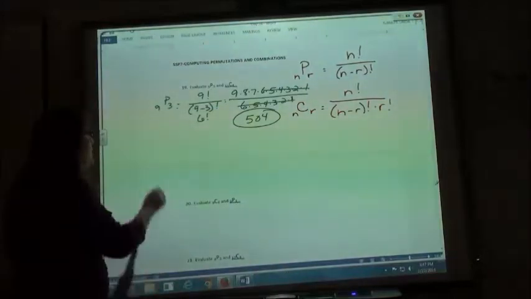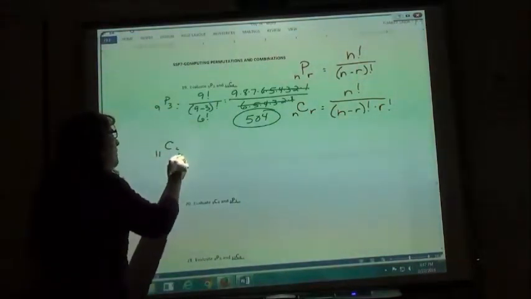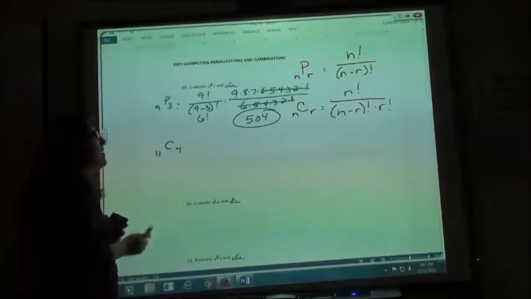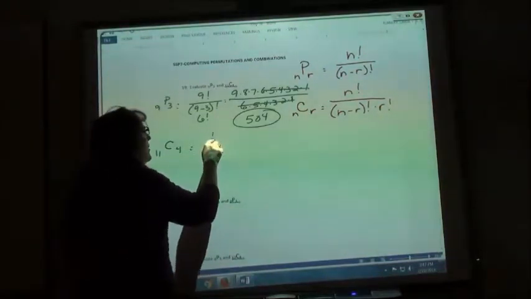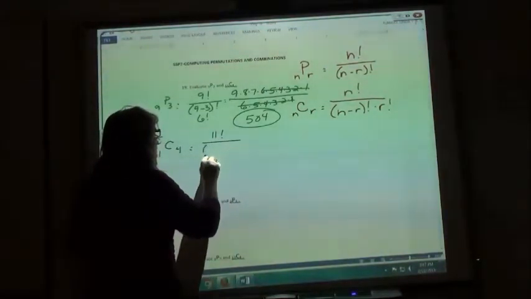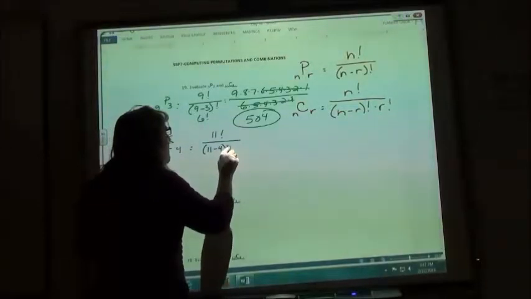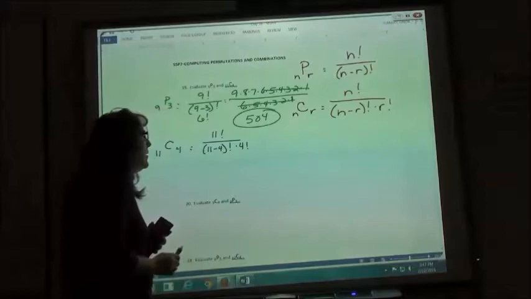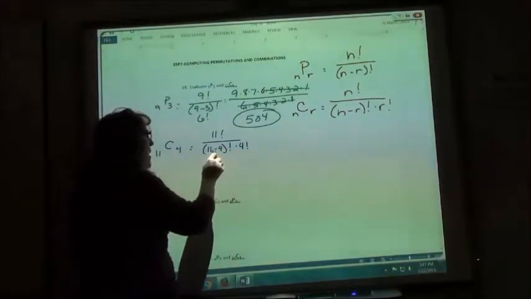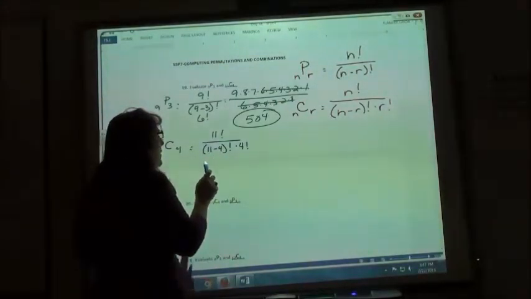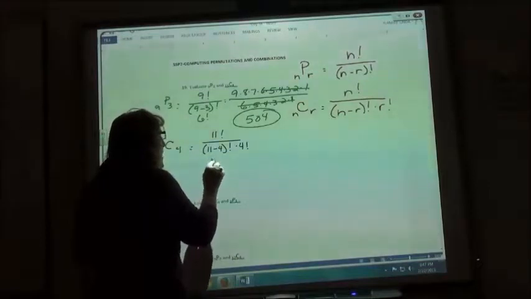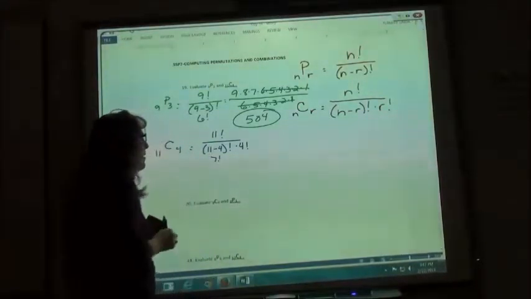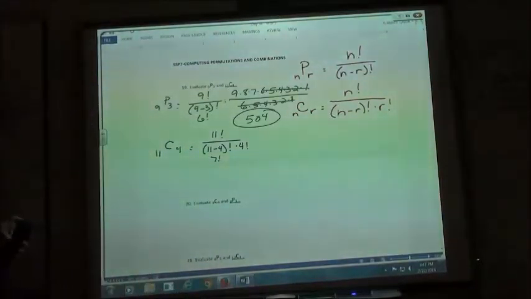For my combination, if I have 11, 4, I have 11 objects, I'm going to take 4 at a time. I'm going to do 11 factorial over 11 minus 4 factorial times 4 factorial. So, 11 minus 4 would be 7 factorial. 7, 8, 9, 10, 11.